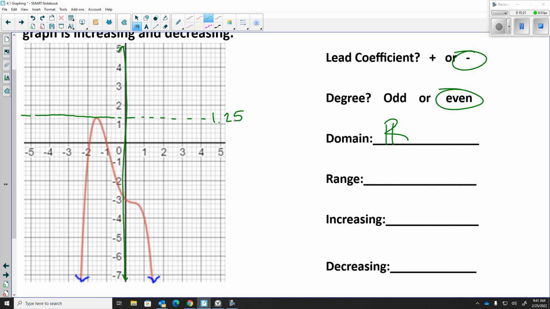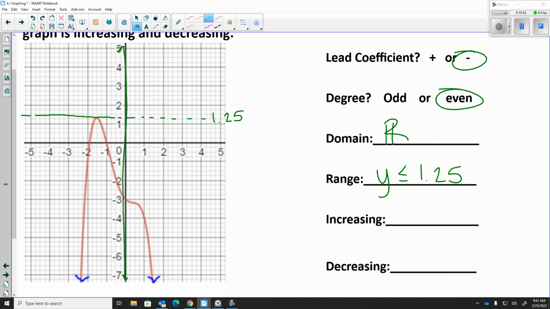We're not going to be perfectly exact, but it's somewhere in there. That's where it gets cut off. So how do you write the range? y is less than or equal to 1.25, because you need to be beneath that. Cool. There's a domain and range.